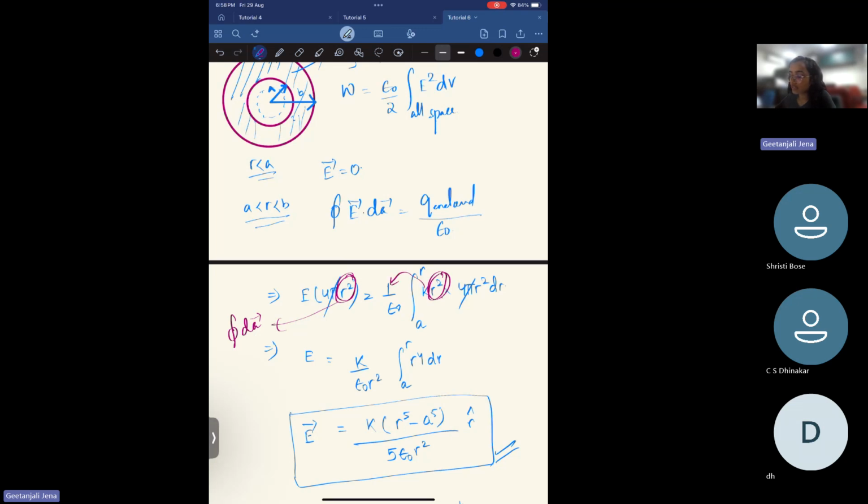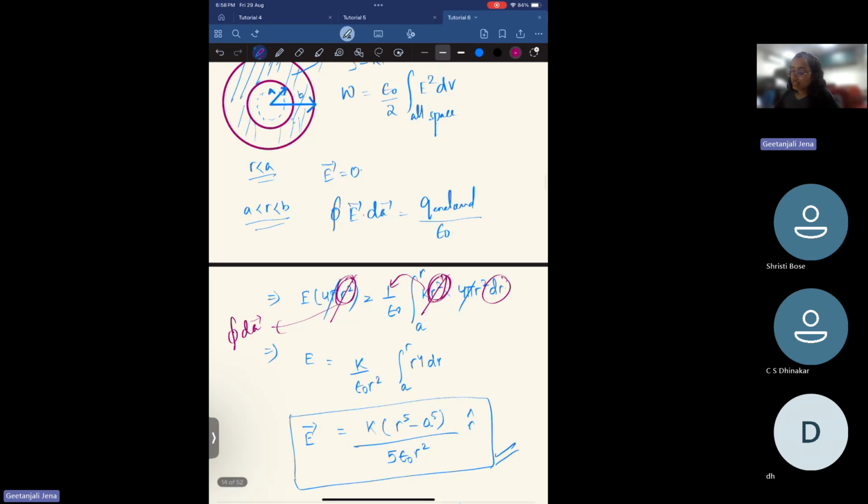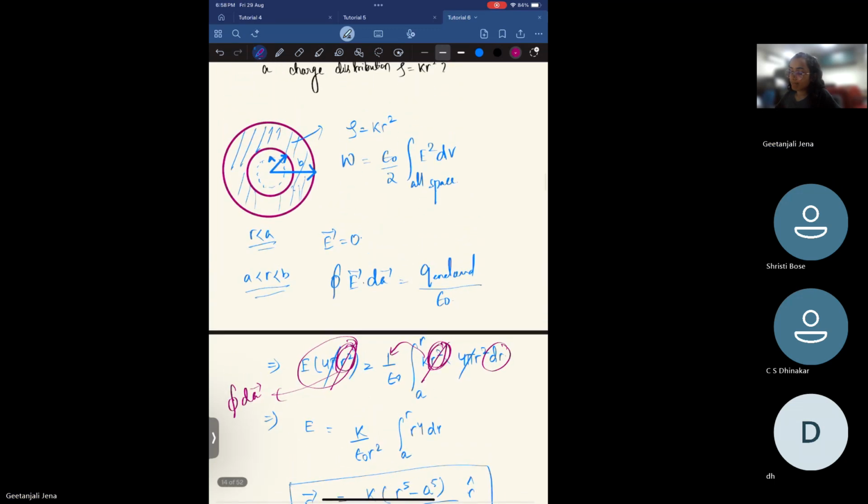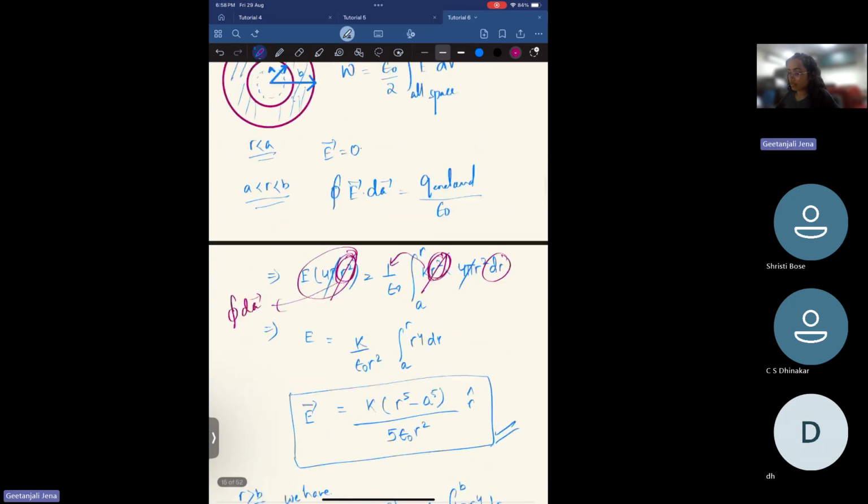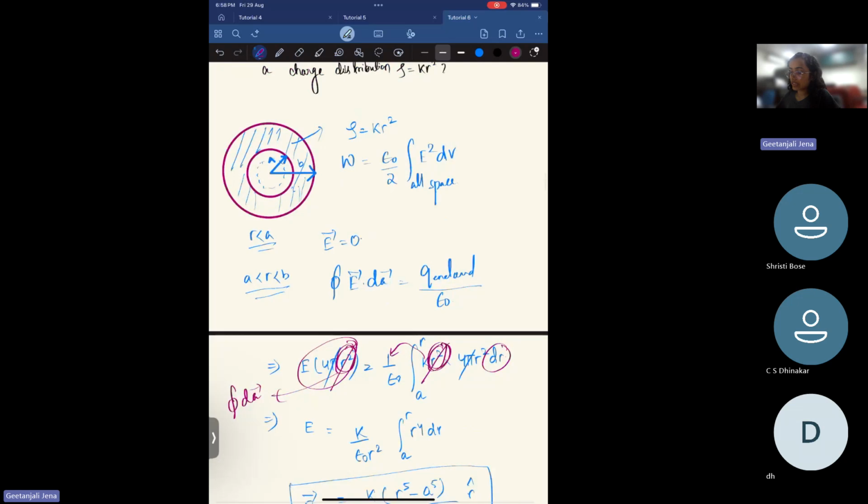But r square you can see is a variable here. There is an integration on dr. So that is why I haven't cancelled r square and r square here, because it's not allowed. I can explain it.